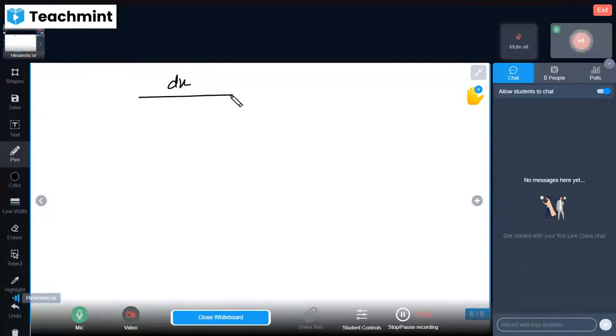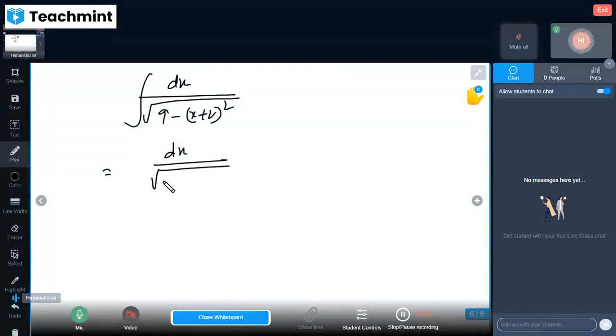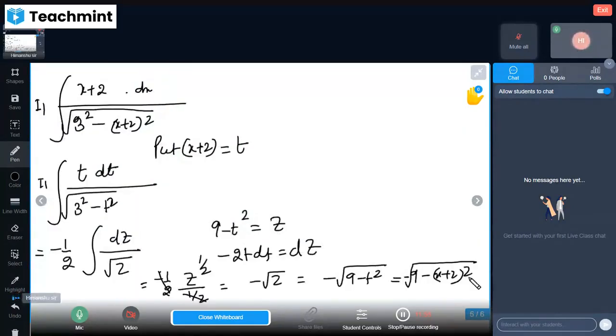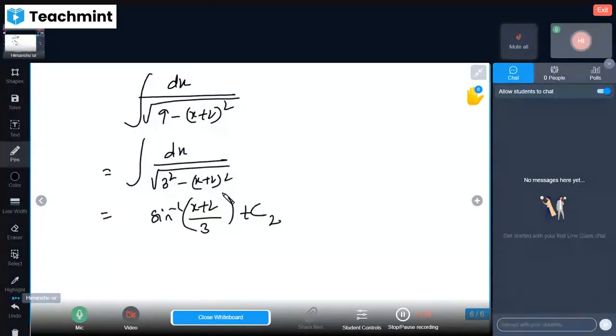I2 is dx by root of 9 minus (x plus 2) square. Now it is of the form that gives sine inverse, root of 3 square minus (x plus 2) square. So this becomes sine inverse of (x plus 2) upon 3 plus C2, rather; here it is plus C1. So the total result becomes I is equal to minus root of 9 minus (x plus 2) square plus sine inverse of (x plus 2) upon 3.